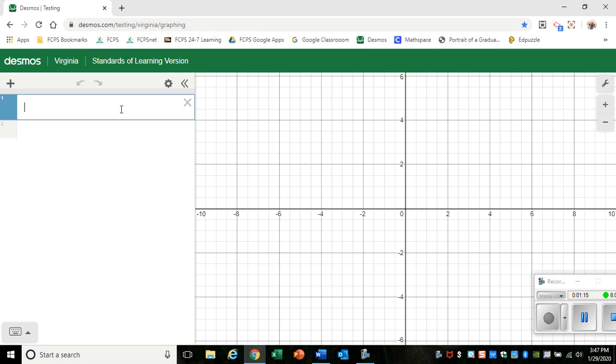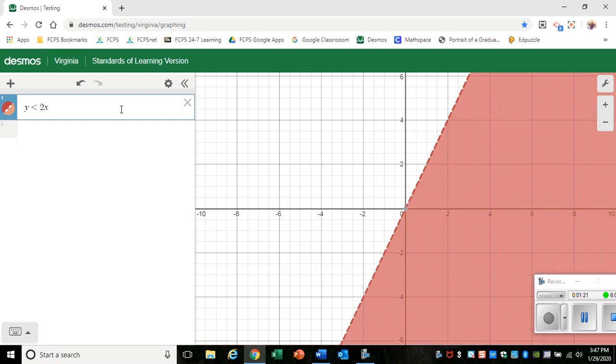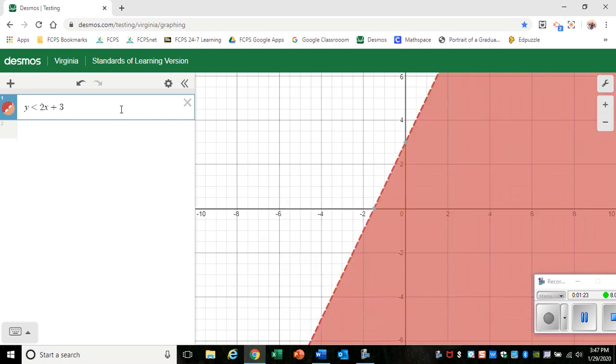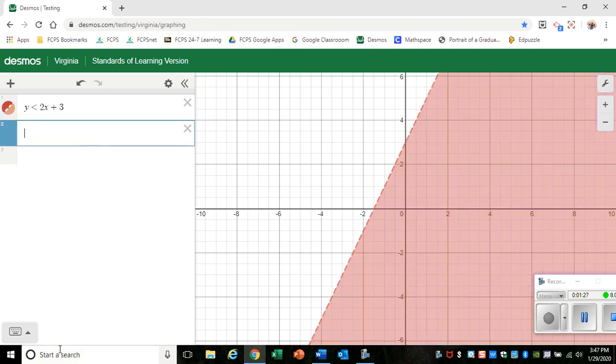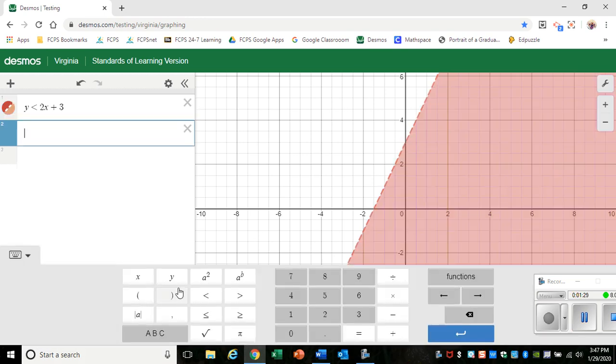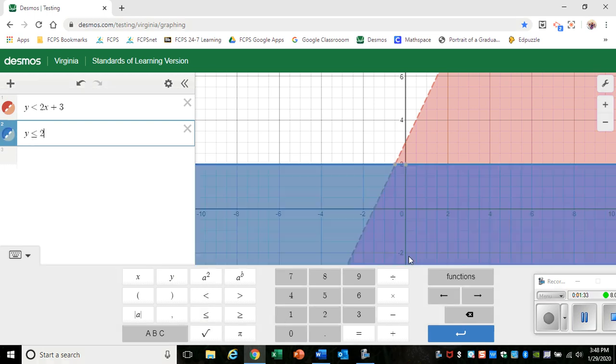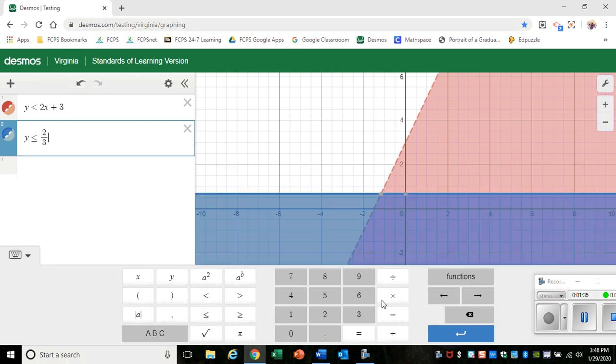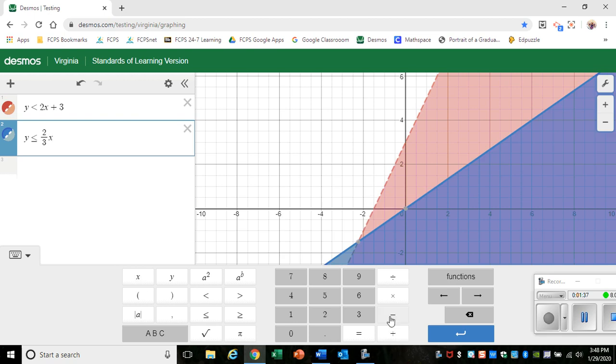Y is less than 2x plus 3. Go ahead and type that on your Desmos. Make sure you're typing that. And then we're going to type y is less than or equal to 2 over 3 x minus 1. So we're going to type those two inequalities.